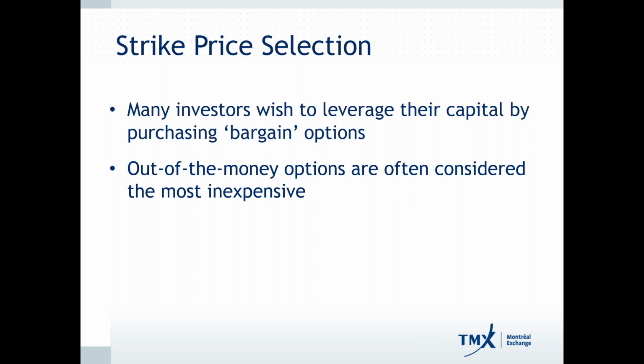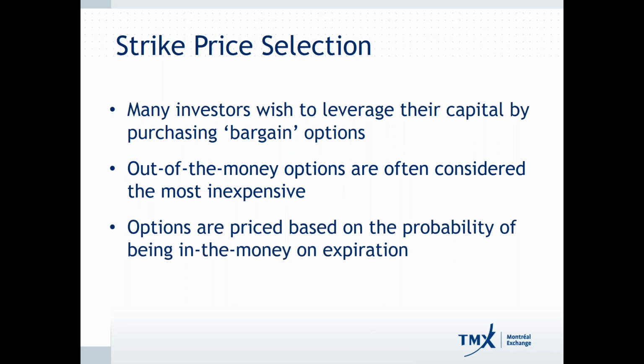Let's say Suncor was trading at $40 a share, and you bought a call option giving you the right to buy the stock at $42. You're buying an option that is out of the money, because what you really need is Suncor to rally from 40 up to $42 just to justify considering doing it. The option is cheap because it's out of the money. It needs the stock to rally in order to build any intrinsic value, right?